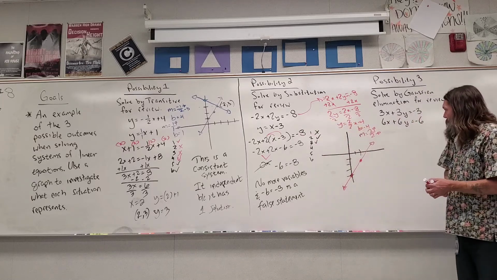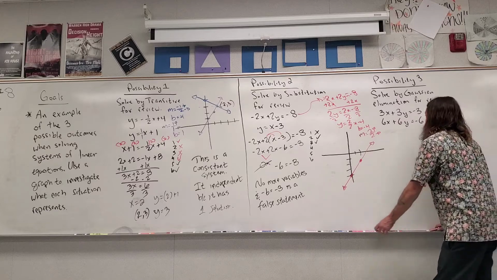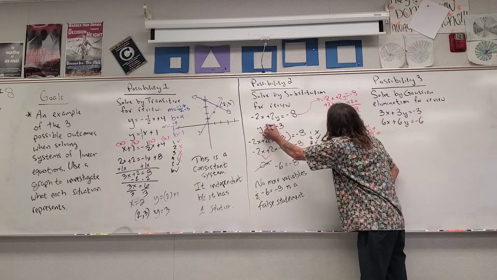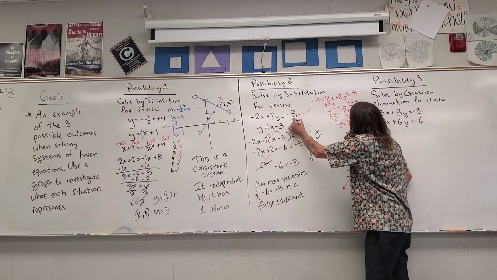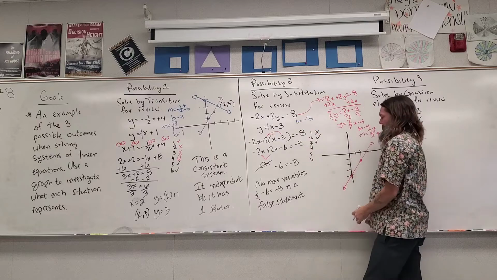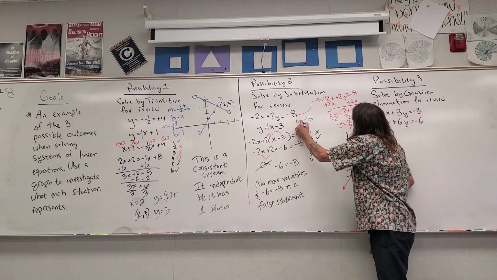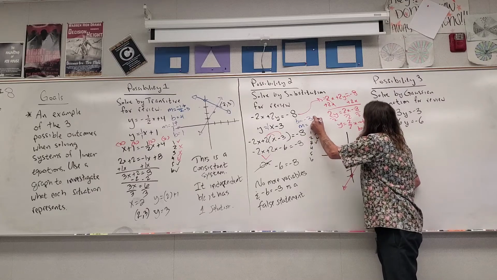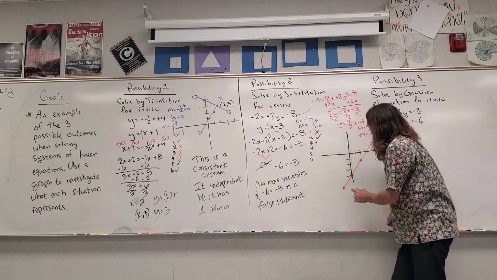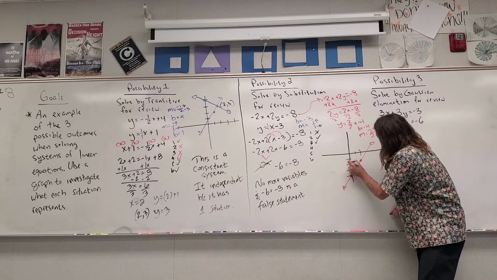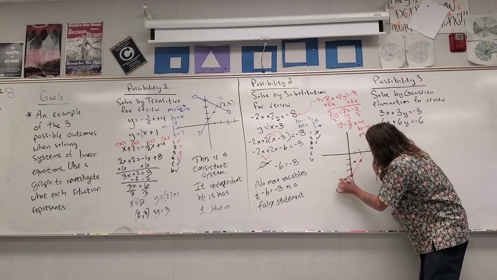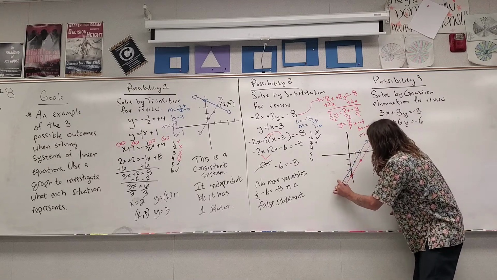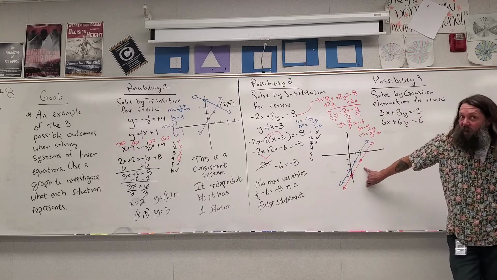Let me graph my second equation in blue so we can compare. Here I can put a 1 over 1. And let's see here. B equals minus 3. And M equals 1 over 1. So I rise up 1 and I run 1 to the right, beginning at negative 3. Up 1, over 1. These lines aren't going to cross.